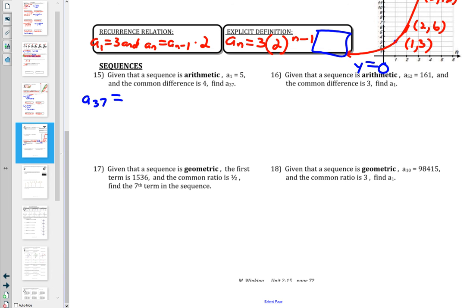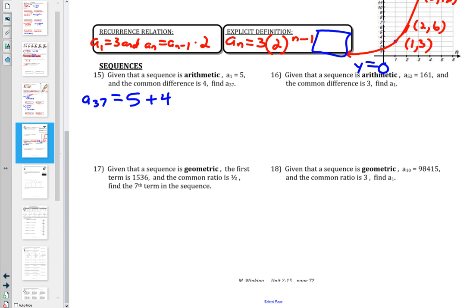The whole purpose of this unit is to compare different sequences. So if we're comparing and contrasting, we're gonna write the first number here that tells us it's 5. The difference is, no pun intended, that with arithmetic, it's a common difference. We're not multiplying, we're adding or subtracting. If my common difference is positive 4, I'm gonna write plus 4. Then if we continue to compare and contrast, they both have an n minus 1.